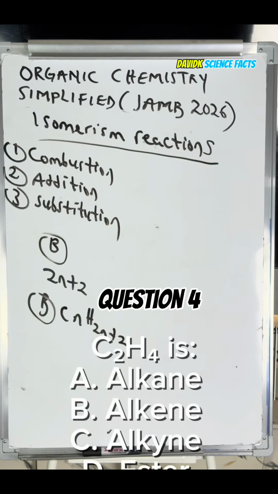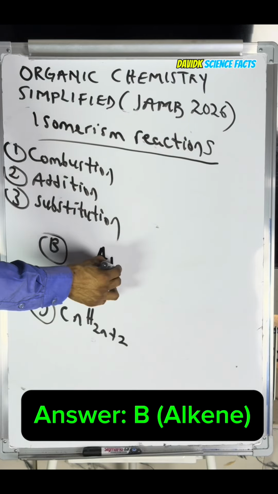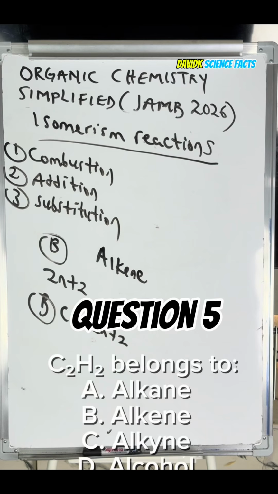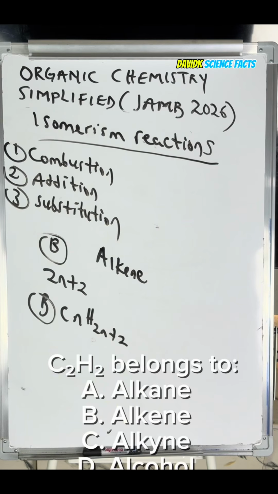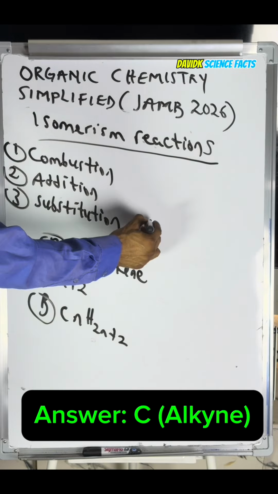C2H4 is A alkane, B alkene, C alkyne, D ester. The correct option for number 4 is B alkene. Number 5. C2H2 belongs to A alkane, B alkene, C alkyne, D alcohol. The correct option for number 5 is alkyne.